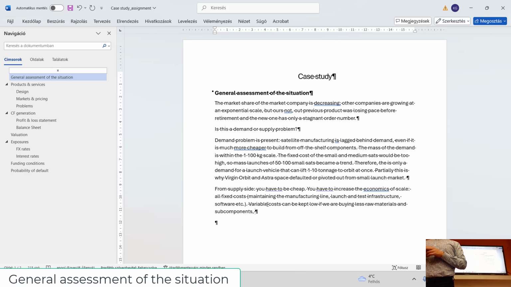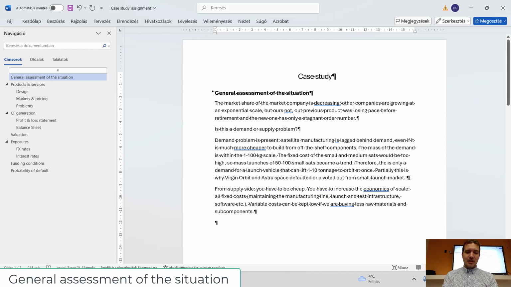Okay. Maybe we will expand this further, but we can see that this is the key problem. So we have to be cheap, and also we have to find our market niche. So yeah, the conclusion was missing from here.